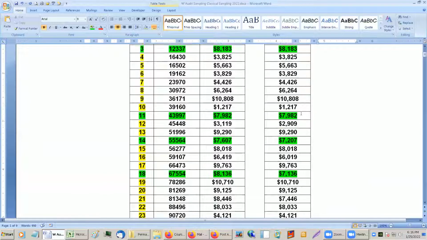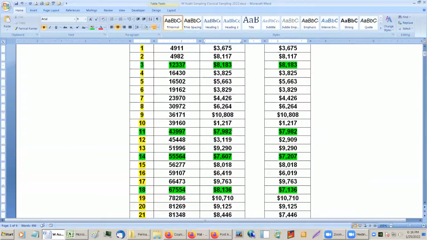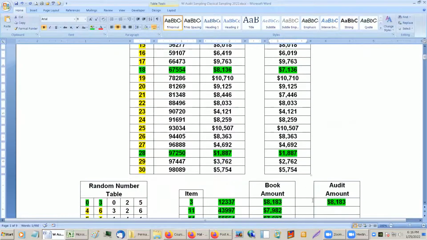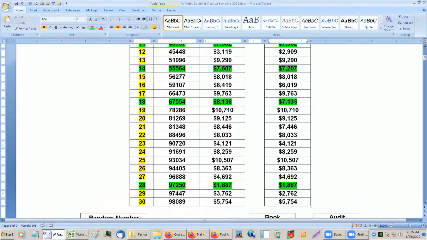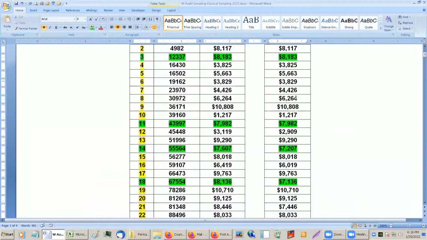We go to the second one. And the second one, it's okay. Go to the third one.